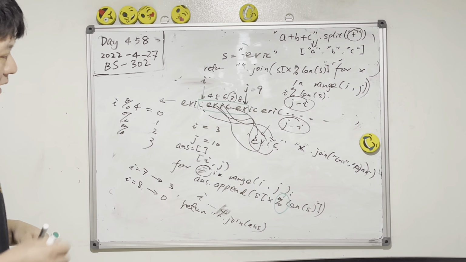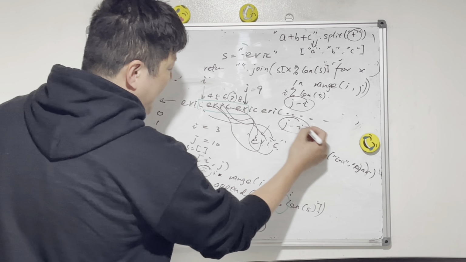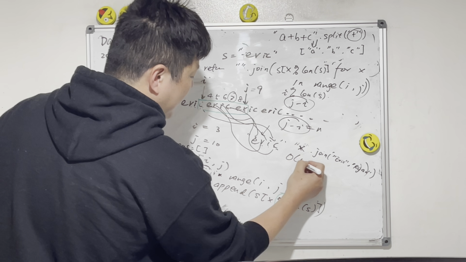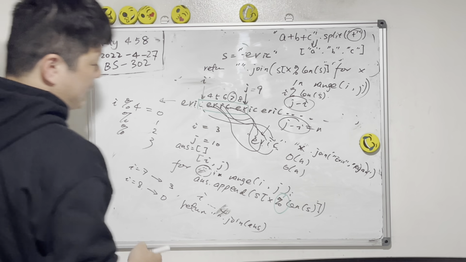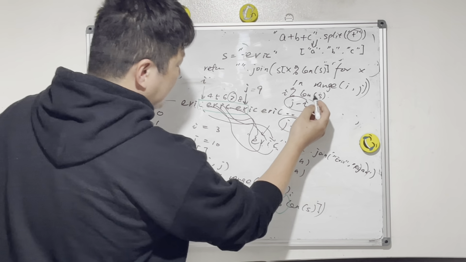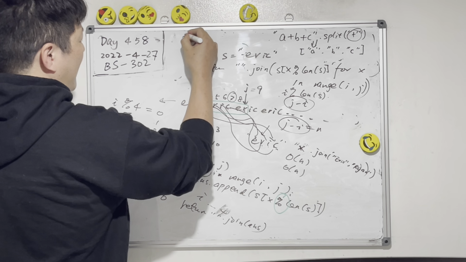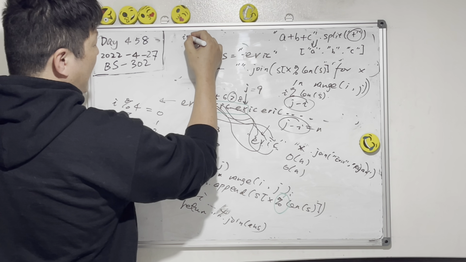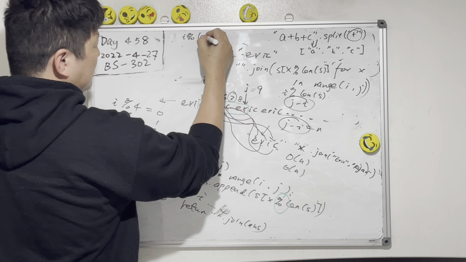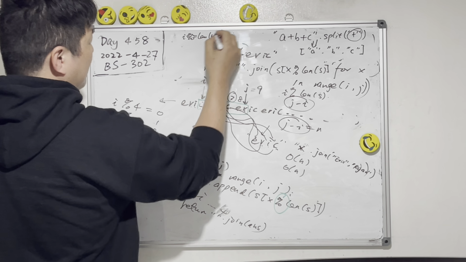So if this is n, the time complexity is O(n), and the space complexity is O(n), obviously. So we do I equals I modulus length S, as the start.